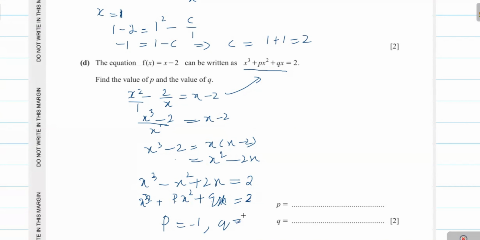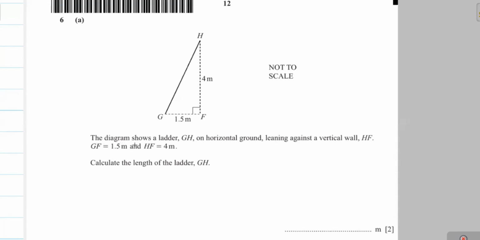We compare this, and q becomes equal to 2. Therefore, p is minus 1 and q is equal to 2. This is the answer, the values of p and q.